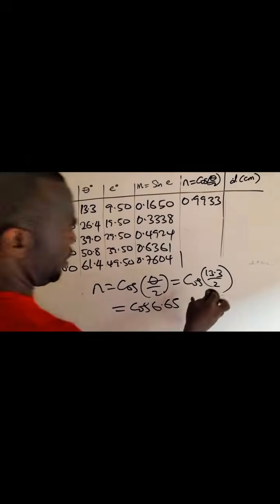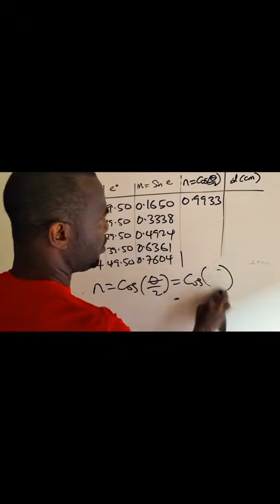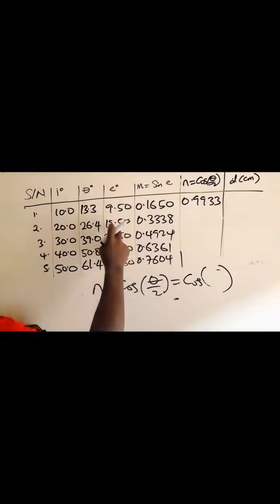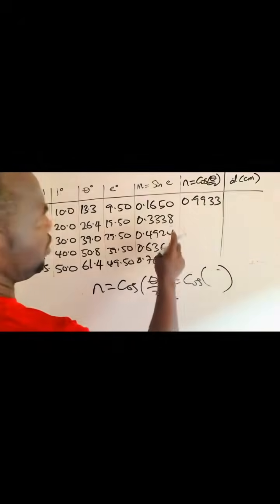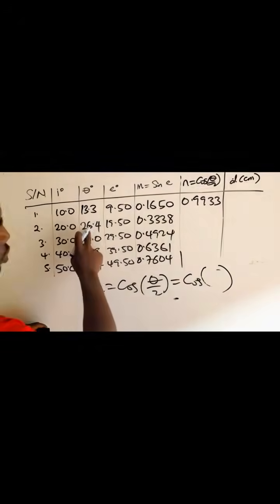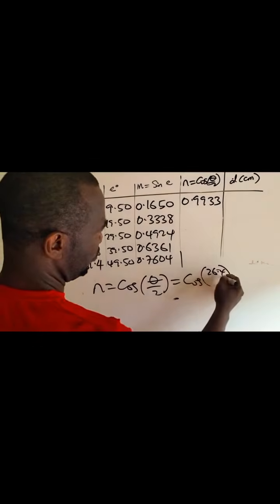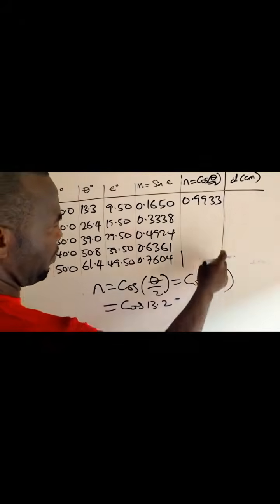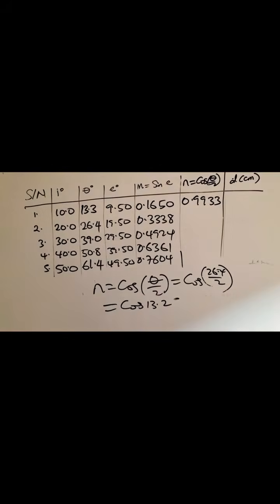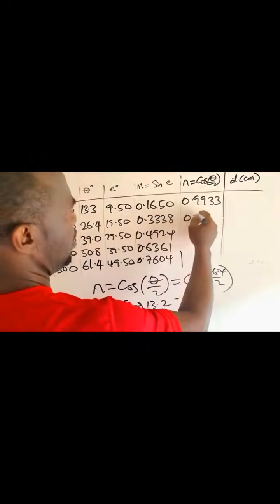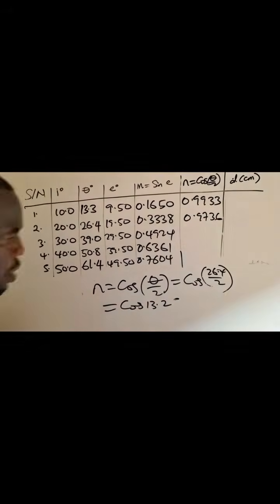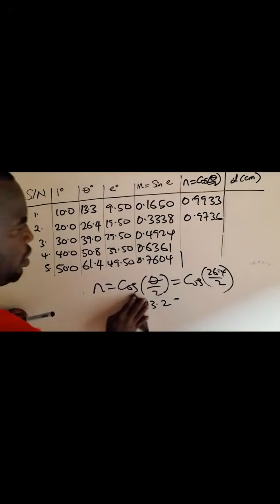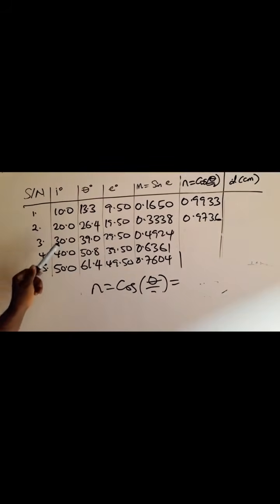For the second row, theta is 26.4, over 2. We're going to have cos 13.2, which gives me 0.9736. For the third row, our theta is 39 degrees.